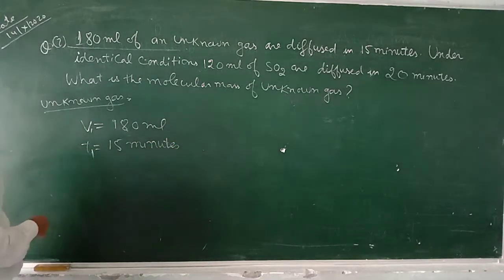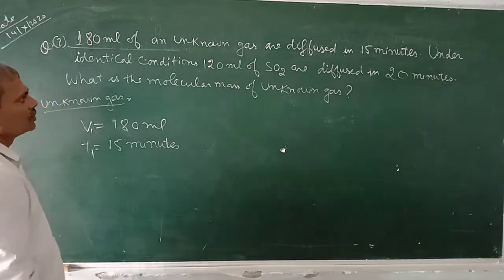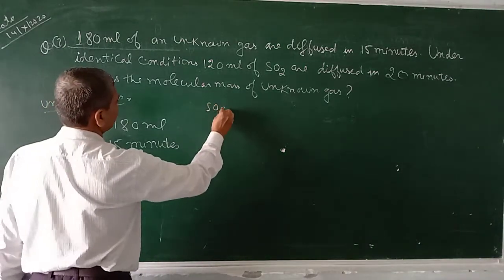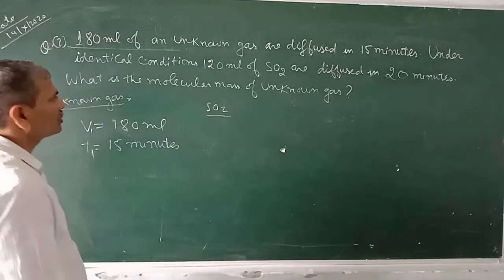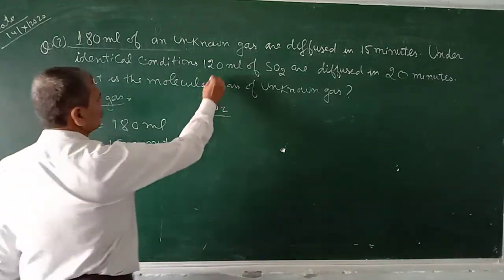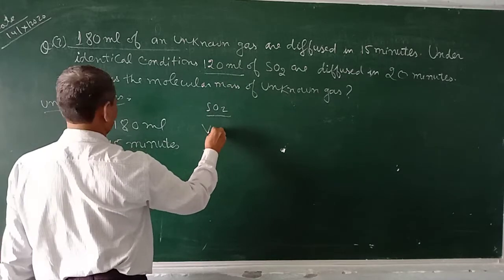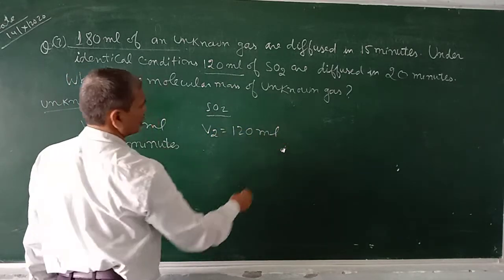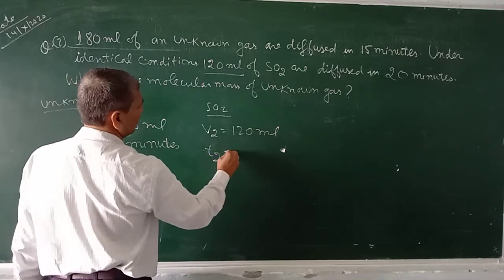No need of conversion into seconds. And for the other gas, sulfur dioxide, volume V2 is equal to 120 ml and timing is 20 minutes.